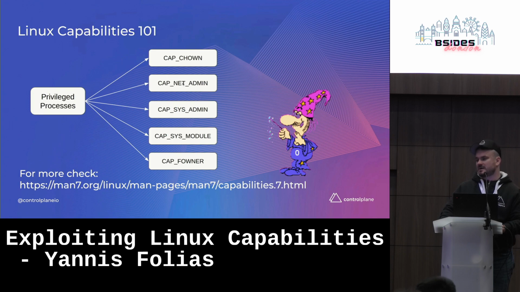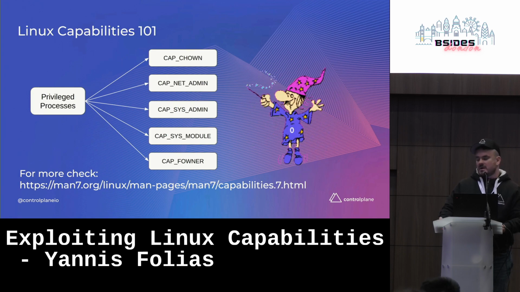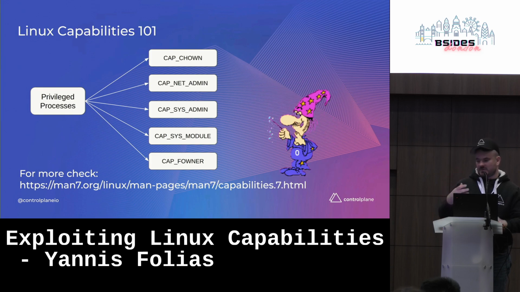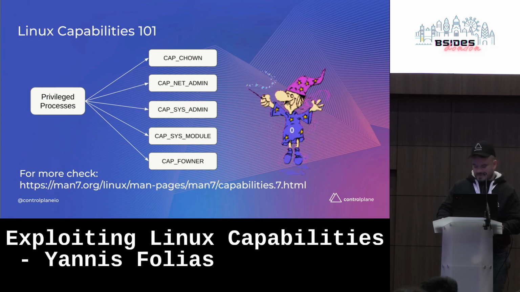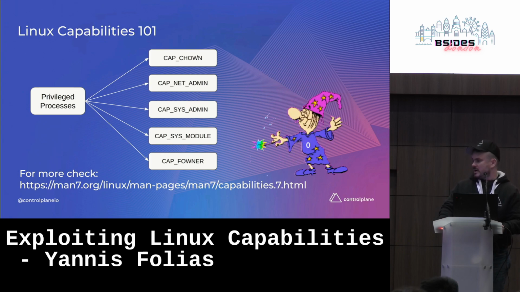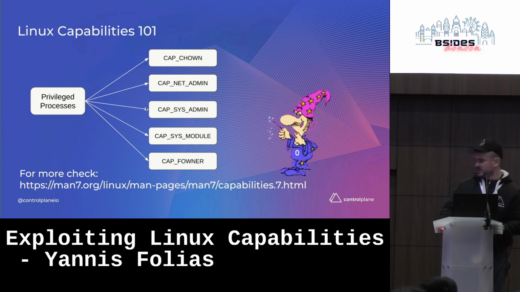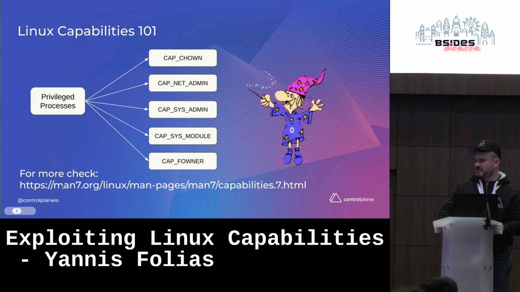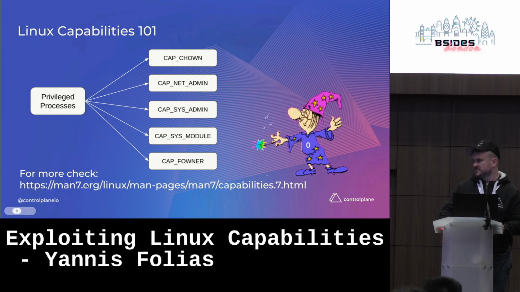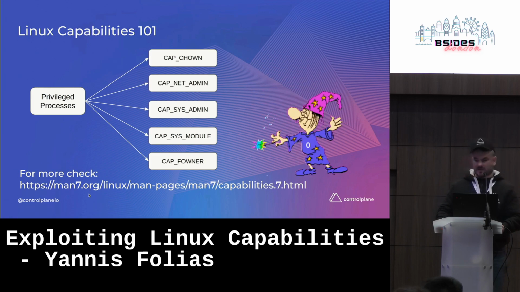We can then assign the specific Linux capability and give the process the ability to fulfill its purpose and proceed. This is just a few of them, actually. If you want to have a look at the full list of Linux capabilities, please go to this URL. It's the Linux man page, and includes pretty much all the capabilities available.